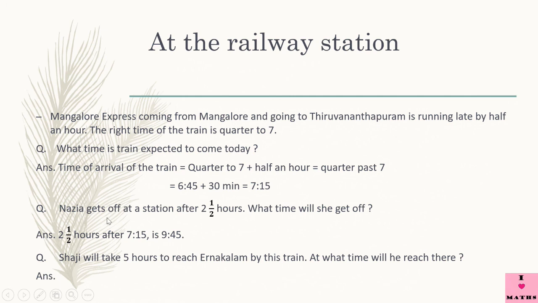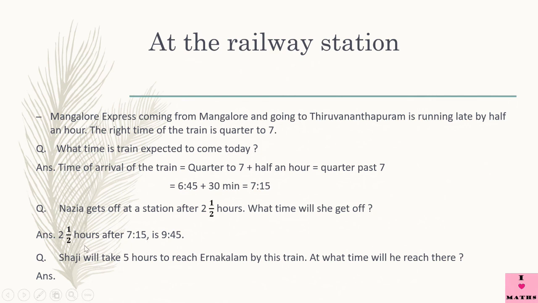Okay. Now Nazia gets off the station after 2.5 hours. What time will she get off? 2.5 hours we have to add to 7:15. So if we add 1 hour to 7:15, we get 8:15. We add one more hour to 8:15, we get 9:15.